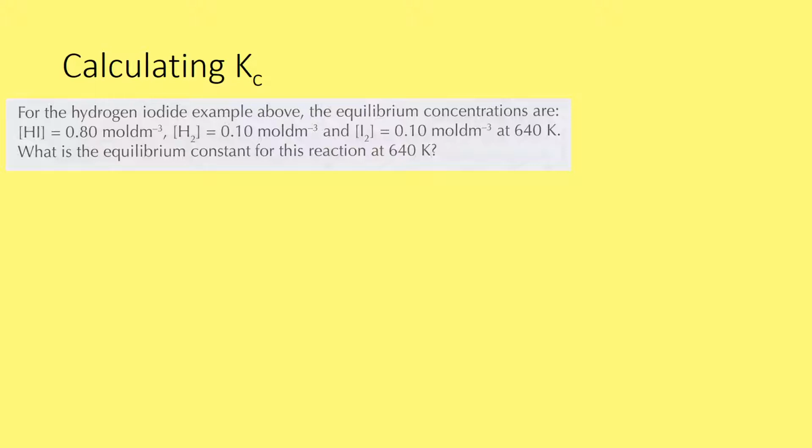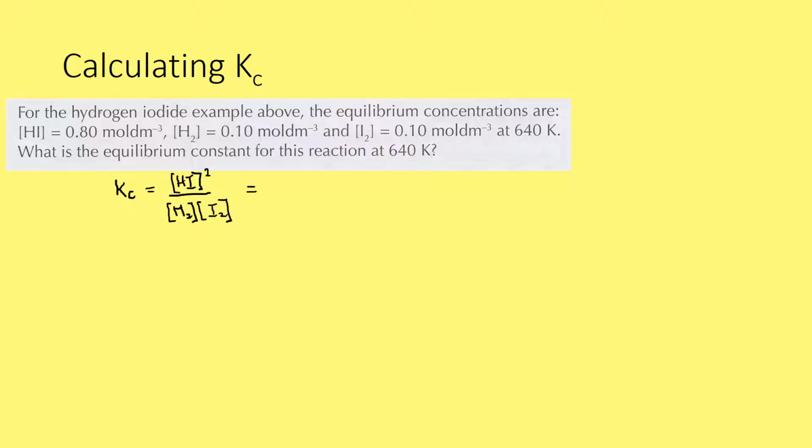Now, we worked out before the expression for Kc. Let's just remind ourselves what it is. Capital Kc equals the product, hydrogen iodide, product concentration at equilibrium, to the power of 2, so 2 moles, and that was on top, and then we had the hydrogen concentration just to the power of 1, and the iodine concentration also to the power of 1. That was our equilibrium expression, and all we have to do is feed in the concentrations that were given in the question.